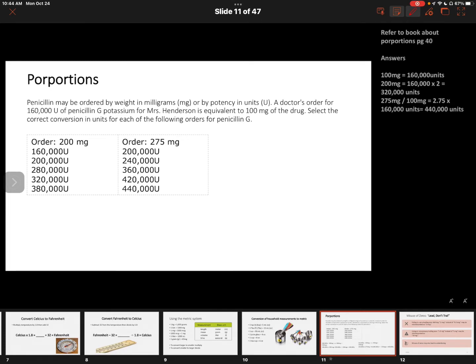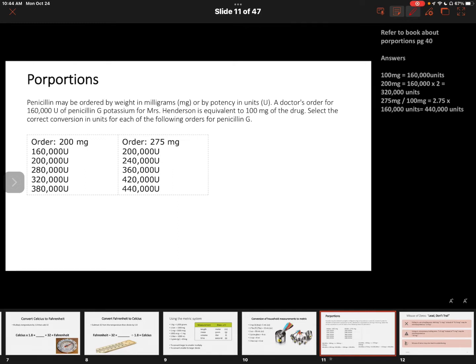Proportions. So penicillin may be ordered by weight in milligrams. Penicillin is the name of a medication, or by potency in units.